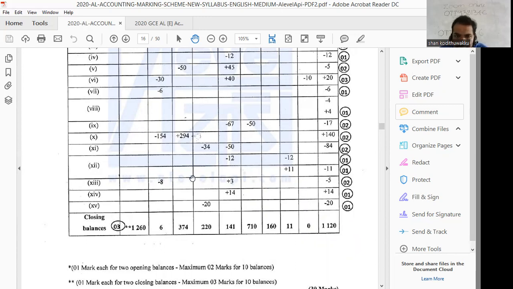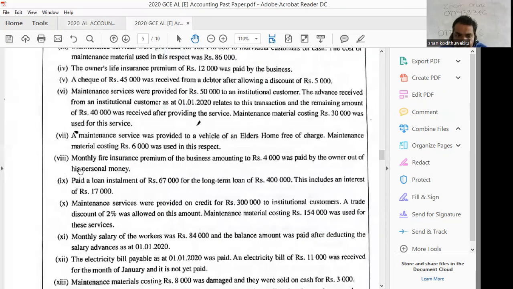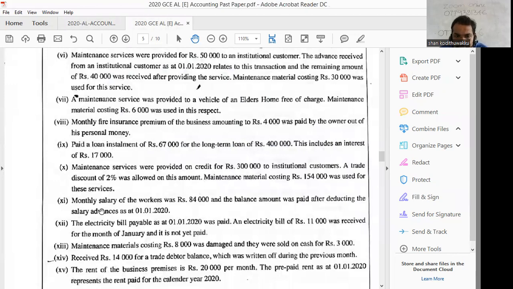Total salary, they have mentioned, monthly salary of the workers was 84,000. The business doesn't need to pay the total 84,000 now because workers have obtained 34,000 in advance. Therefore, now they have to pay only 50,000.